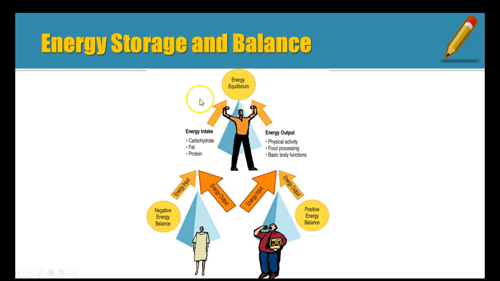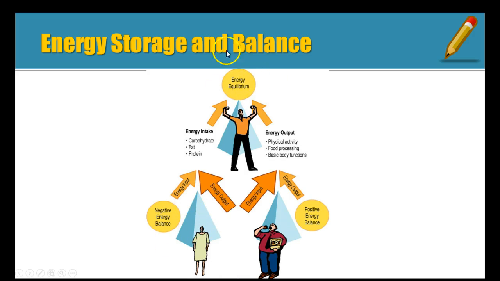So if you have a greater energy input than you do output, you end up with what's called a positive energy balance, and that will lead to an increase of storage and you will gain weight. However, if your energy input is less than your energy output, your body will access stored energy in the form of tissue and break that down for energy, and you tend to lose weight.